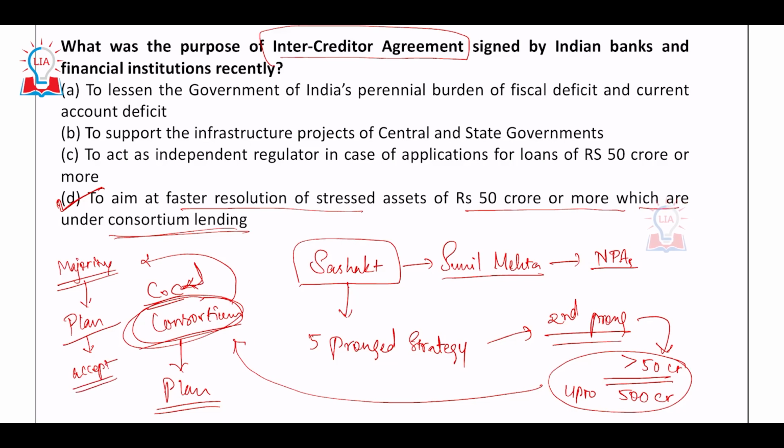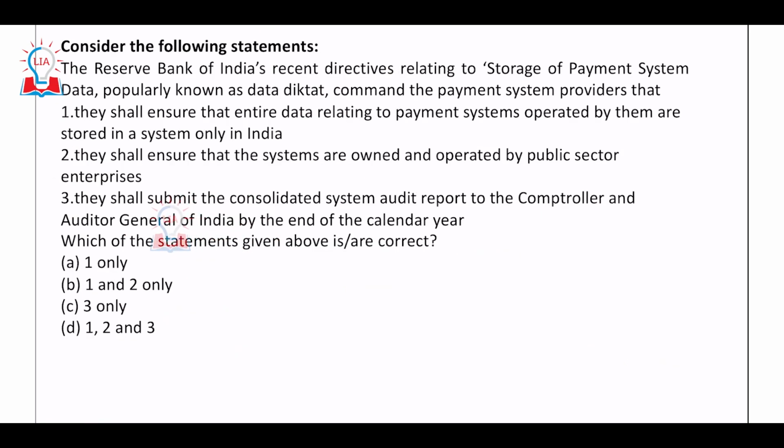If they don't accept, then they are supposed to either purchase the NPA or sell their NPA, right, to the other members at a cheaper price. So that was option D. C, to act as independent regulator, absolutely not. To support infrastructure projects, unrelated. To lessen the government of India's perennial burden, unrelated. So it was pretty straightforward question. It was related to Sashakt, right? It was a very easy question back then.